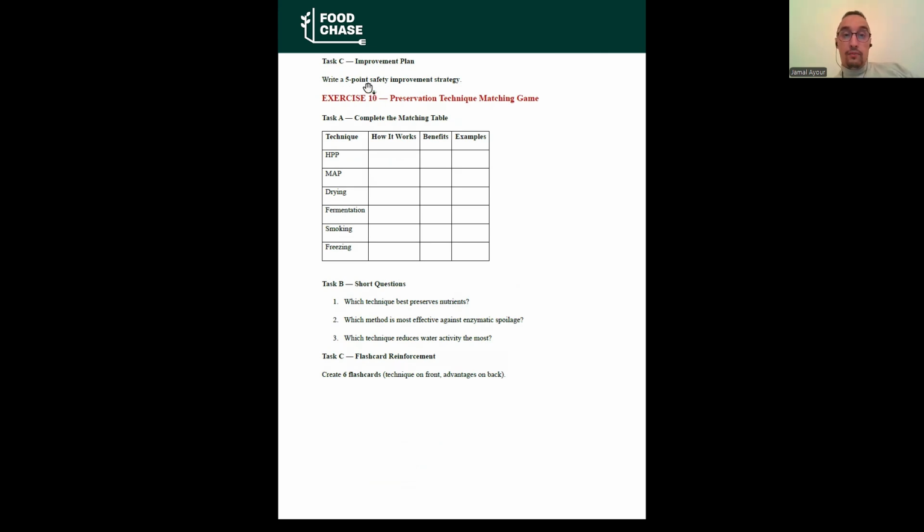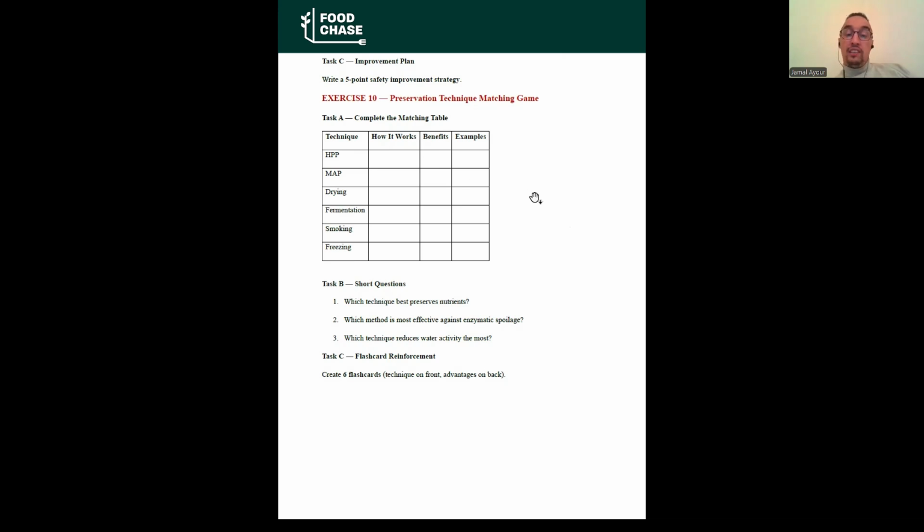Write a 5-point safety improvement strategy including, for example, temperature logs, better sanitization, verification, separation of tools, and training. Those are some examples, and we are waiting for your ideas, your proposals for this task.